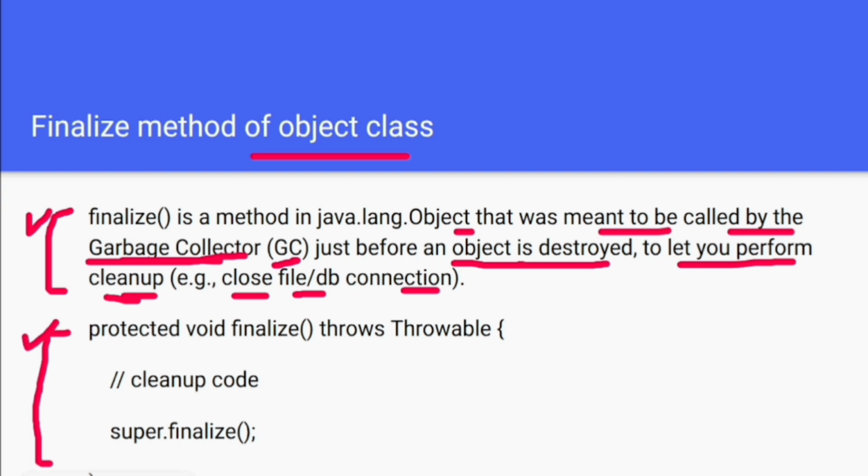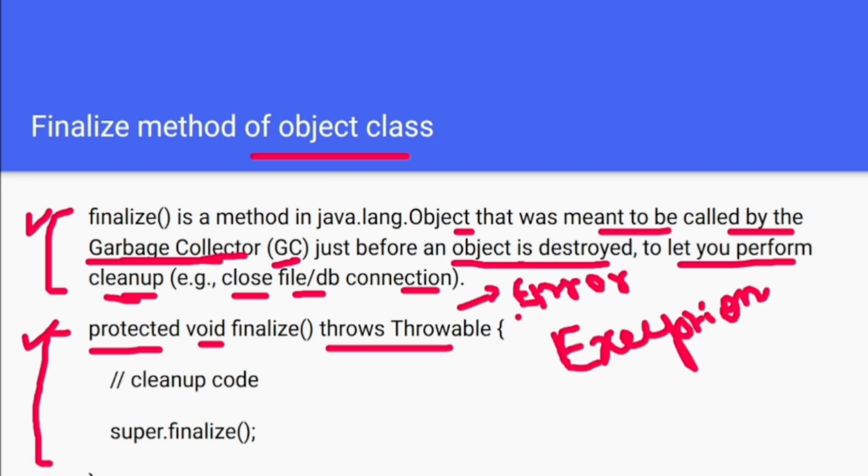Let's see the syntax of the finalize method. The access modifier is protected and the return type is void, and it throws Throwable. Throwable is the parent of Error and Exception.